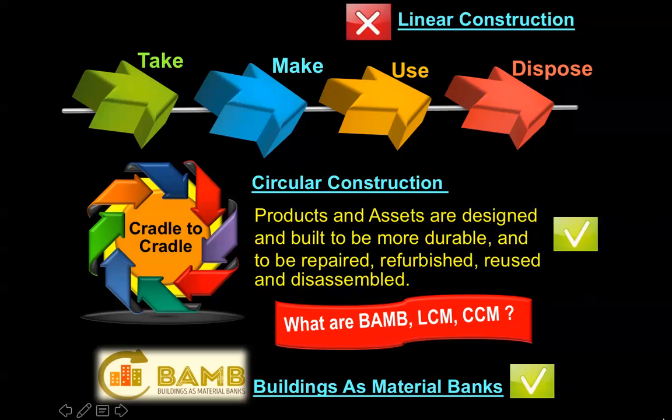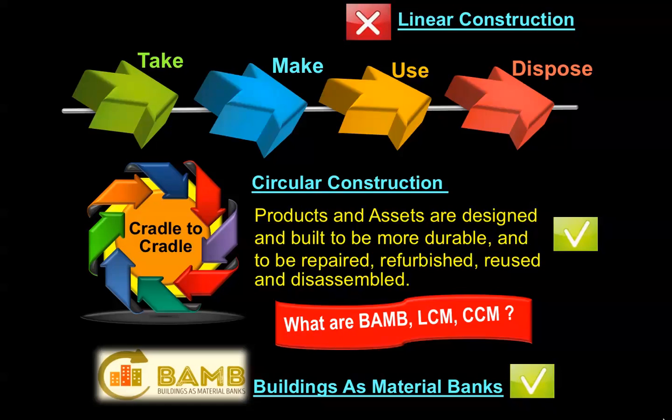Now there are 2 important terminologies which have come into the picture. Similar to the circular economy, there is what is called circular construction. Circular construction essentially goes with the cradle to cradle principle, where products and assets are designed to be more durable and to be repaired, refurbished, reused, and then disassembled.